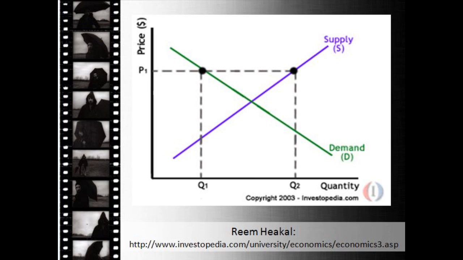Because Q2 is greater than Q1, too much is being produced and too little is being consumed. The suppliers are trying to produce more goods, which they hope to sell to increase profits, but those consuming the goods will find the product less attractive and purchase less because the price is too high.